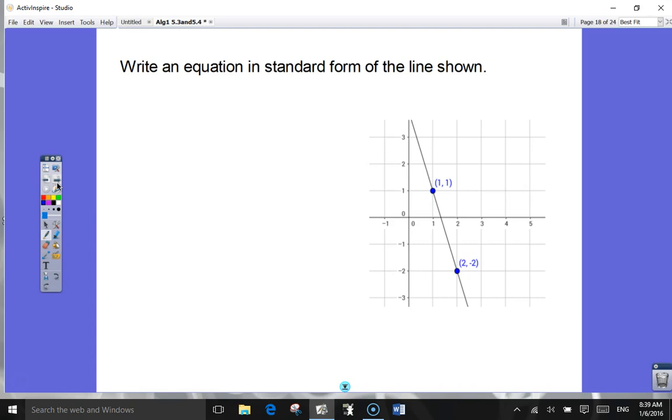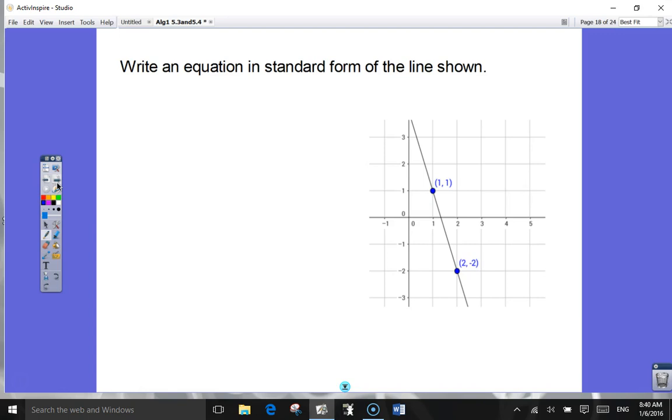Okay, well, we can calculate, since it's a graph, what is the slope? From here to here, right 1 and down 3. What does that make the slope? -3. -3 divided by +1, -3, right?